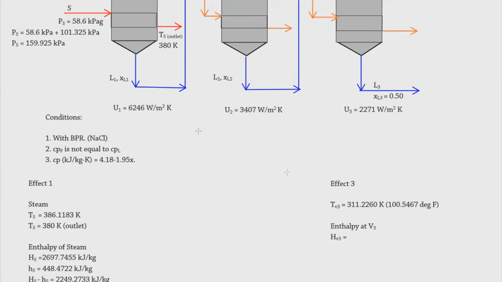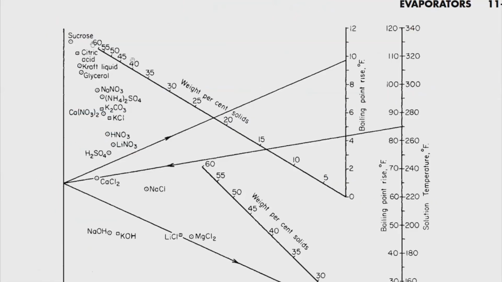That's 100.5467. So, what you have to do here is hindi siya mag-start kayo sa 100, kundi mag-a-assume tayo kung ano ba yung ating maging sagot. So, we start with 100 and assuming na meron siyang boiling point elevation. And yun nga, so since meron siya, let's try doing 120 muna kasi yun na yung parang lowest dito.